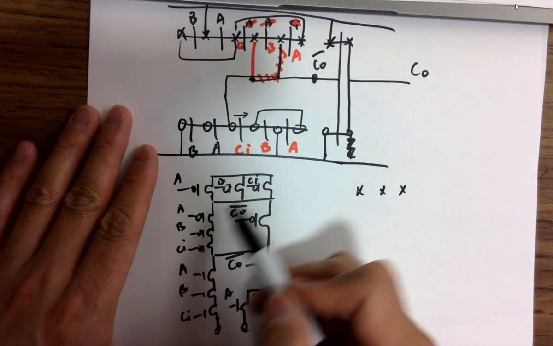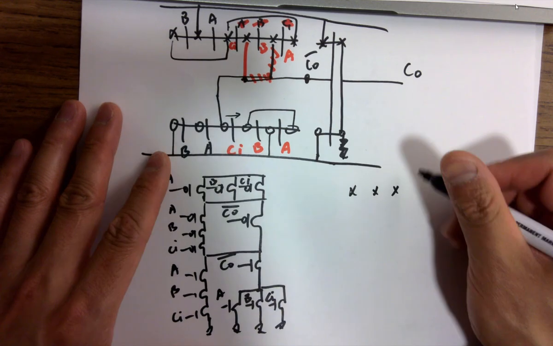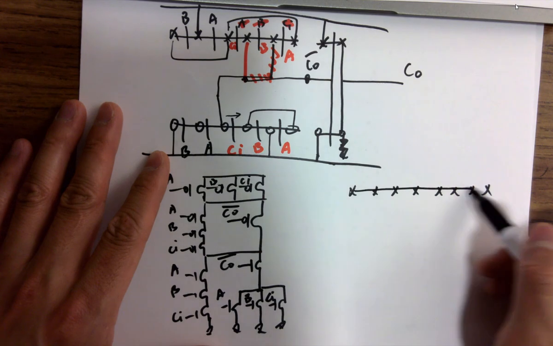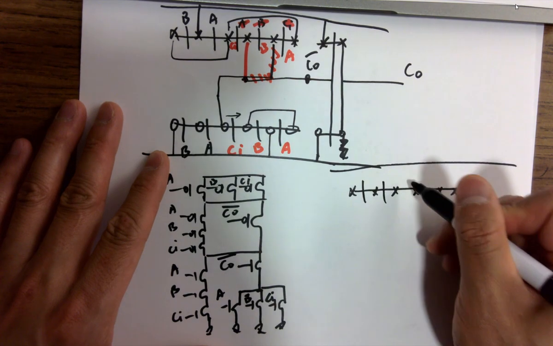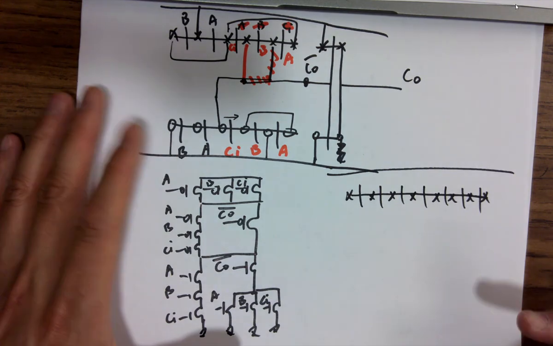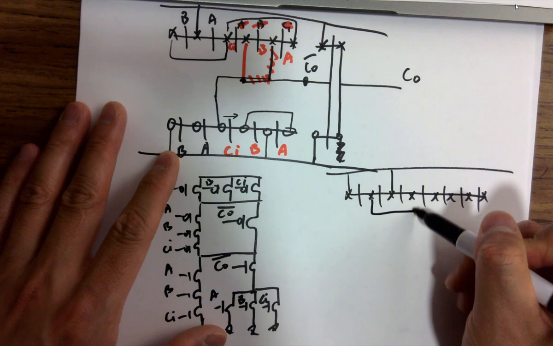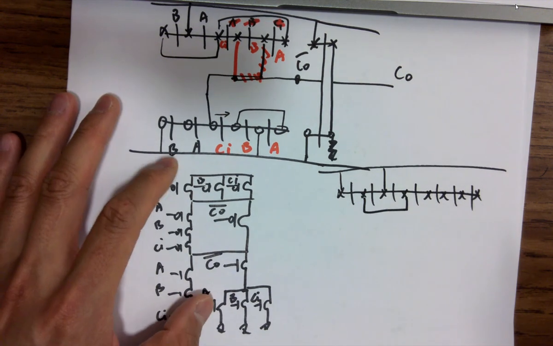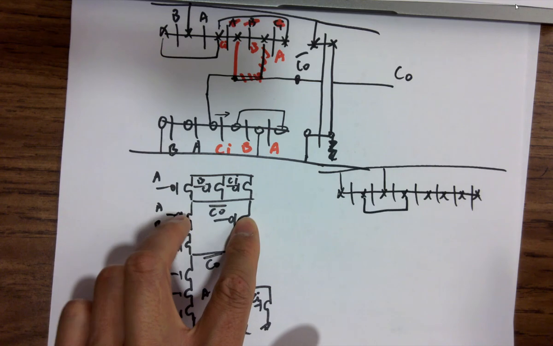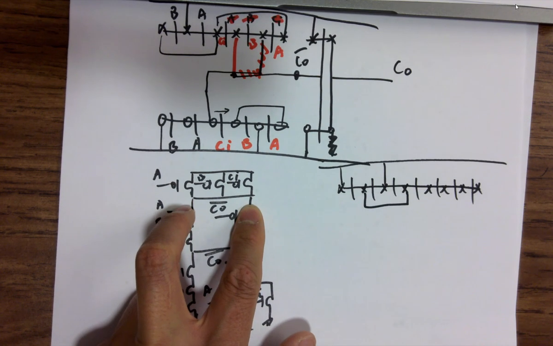One, two, three, 7. So 7 transistors. We need 8 nodes. That's a lot. 2, 3, 4, 5, 6, 7. So 3 in parallel, we know how to do it. And then immediately 2 in parallel, 2 branches.